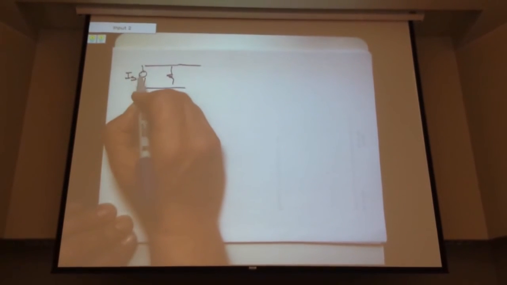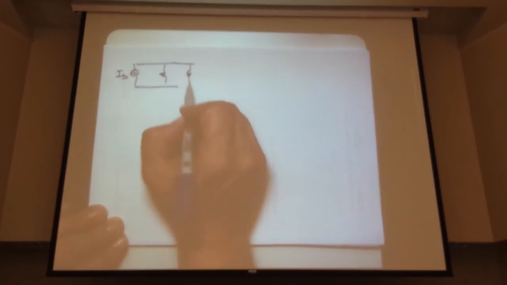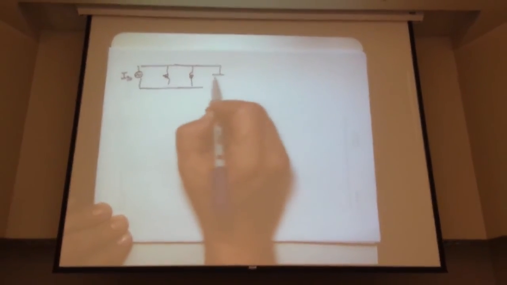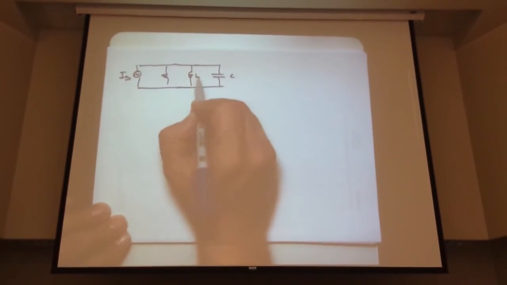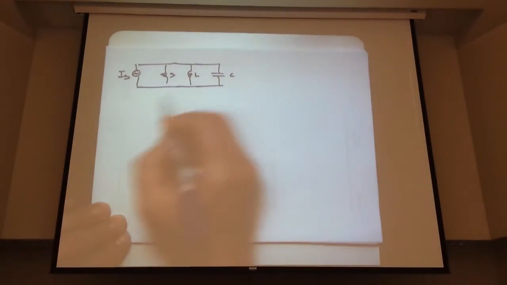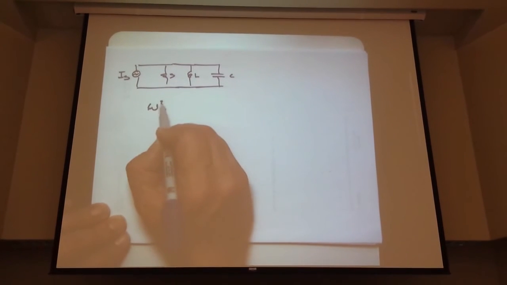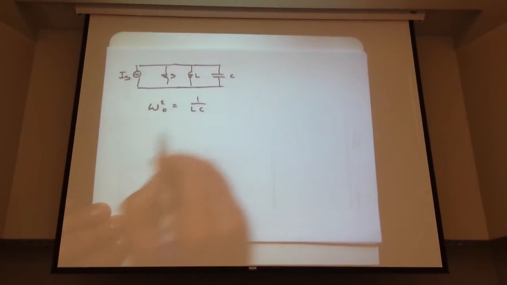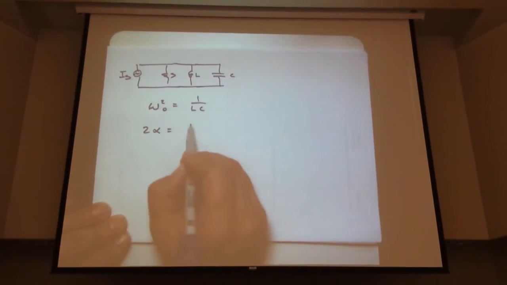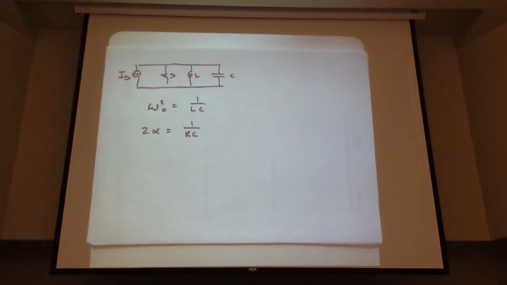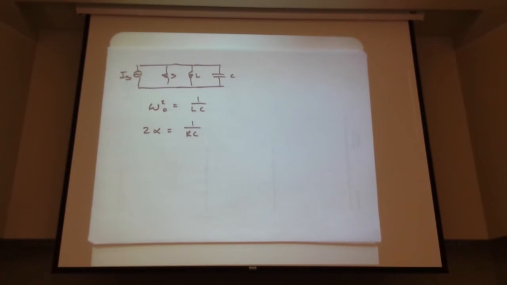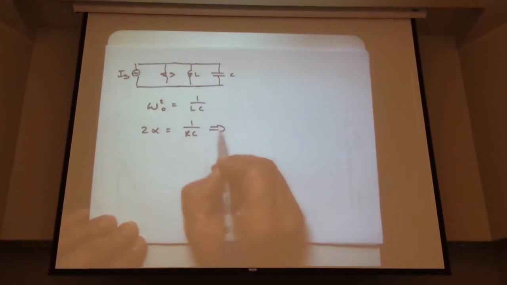With some I source. In this particular case, omega naught squared is still 1 over LC. 2 alpha, though, is 1 over RC, or alpha.